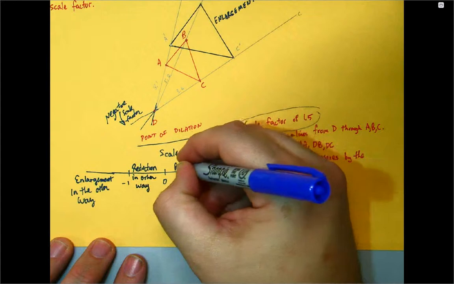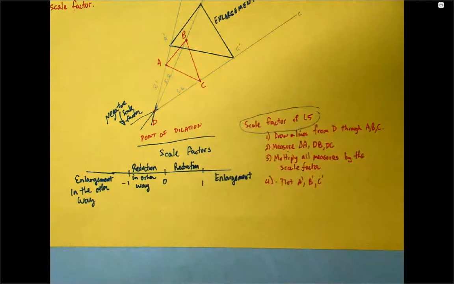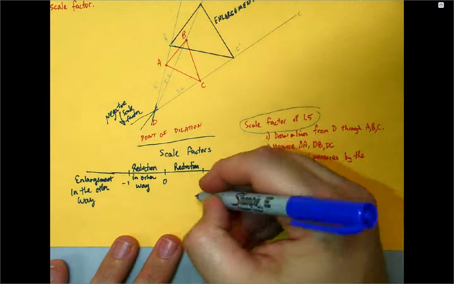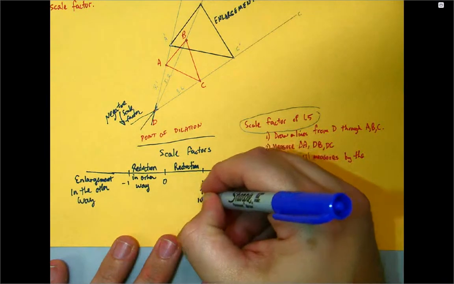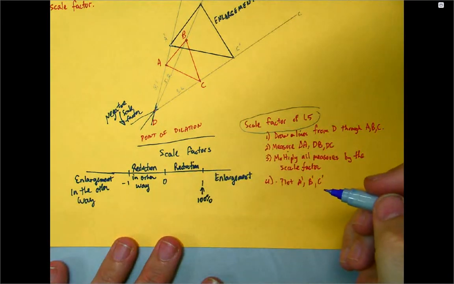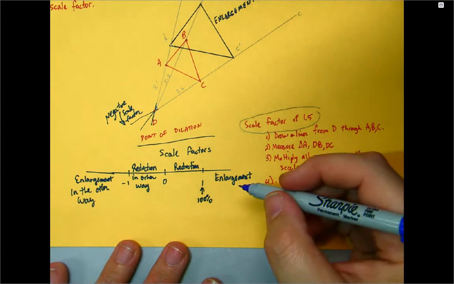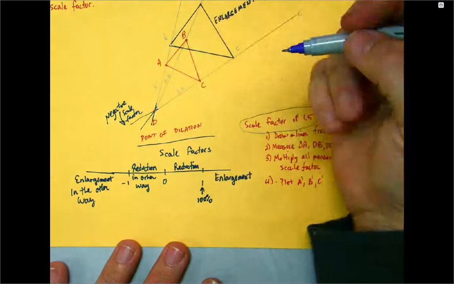So think of a scale factor. Here means it's 100%. A scale factor of 1 means that you want 100% of the shape. If I said use a scale factor of 1 with triangle ABC, you'd end up drawing the exact same triangle right on top of it.